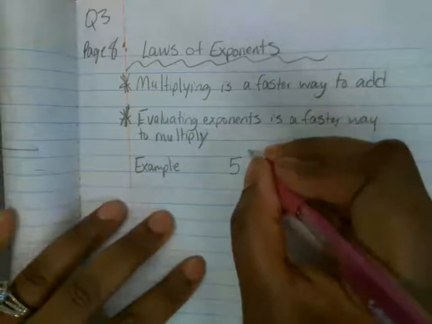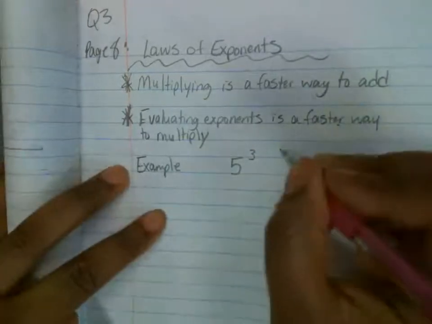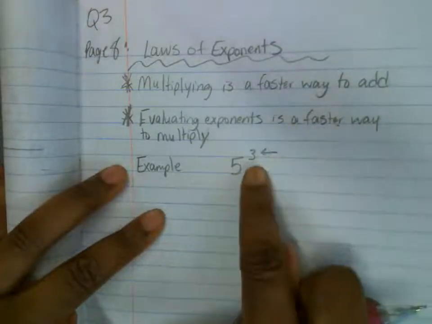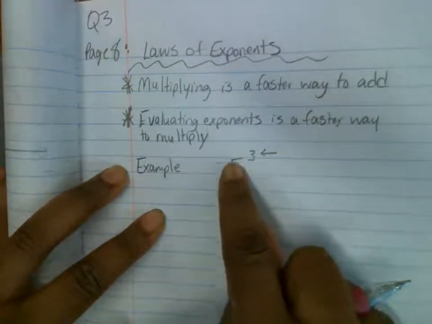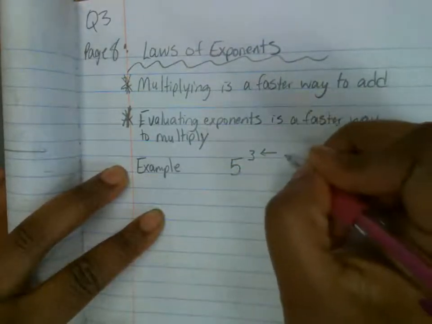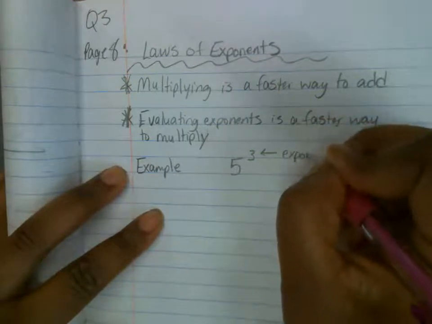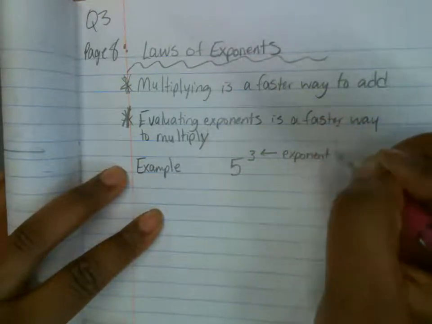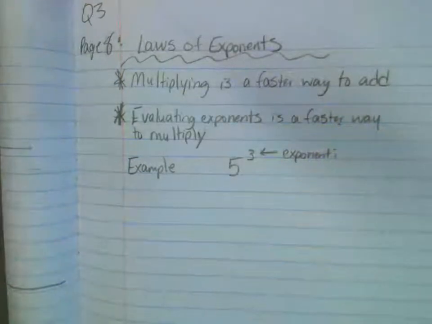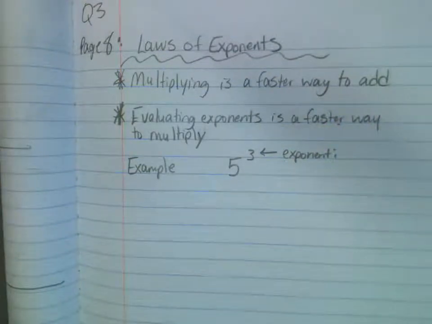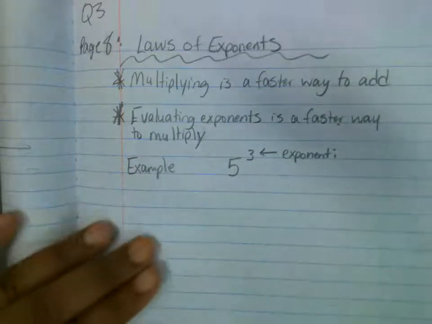You have 5 to the third power, where of course this little 3 in the right corner of the number is your exponent. And your exponent tells us how many times to multiply the base times itself.